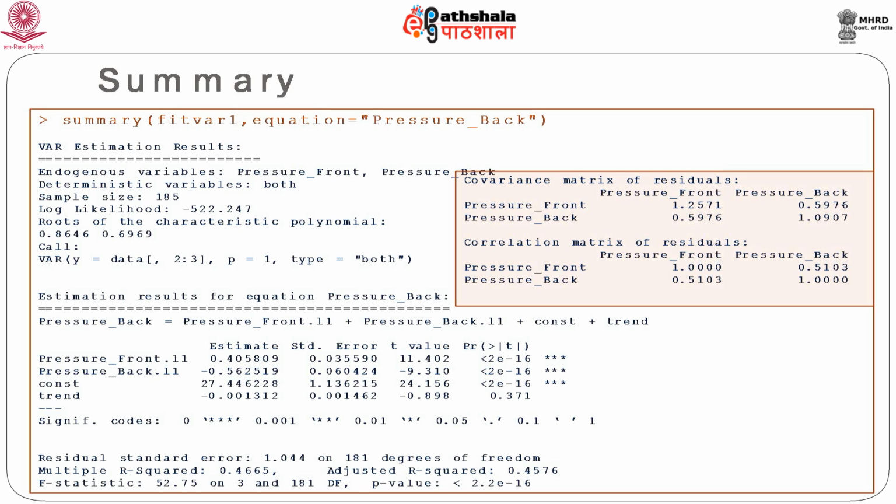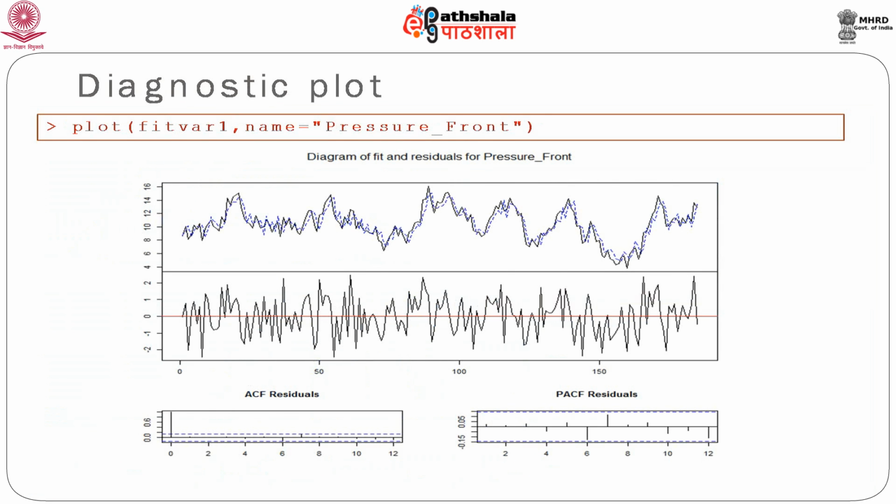And it also provides the covariance matrix and the correlation matrix. In the next panel you can see the residual plot. The residual plot is showing no pattern, so it is distributed uniformly over the 0 line.